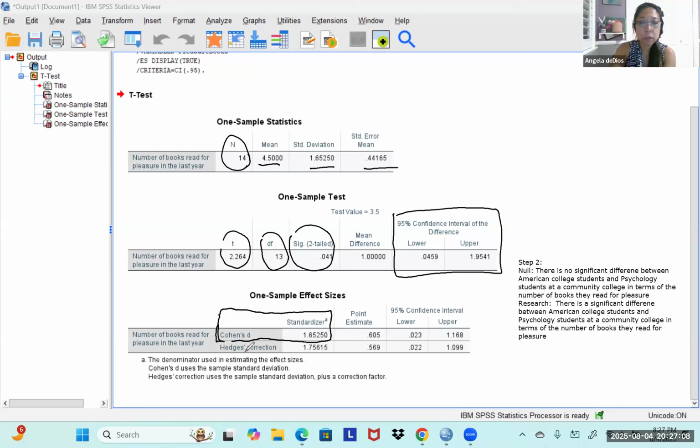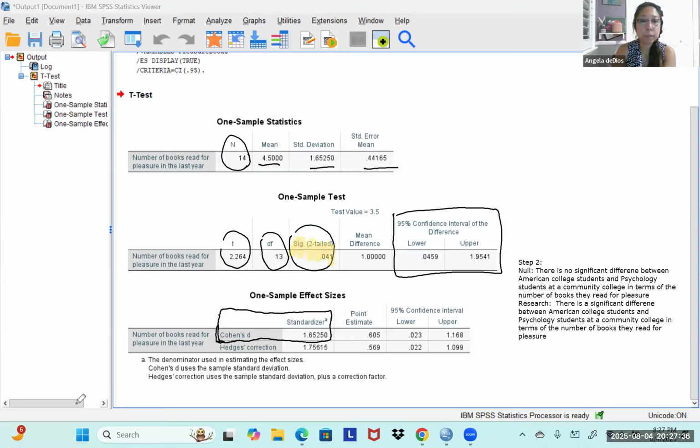All right, so that is all the information that we need in order to figure out what decision I should make. The thing that we need to really focus on here is this part right here.